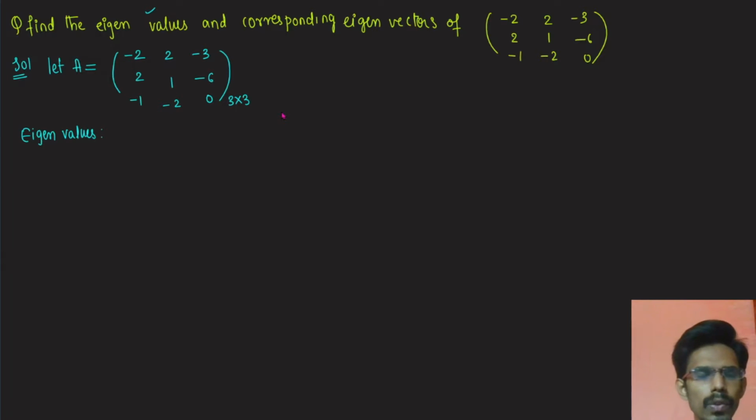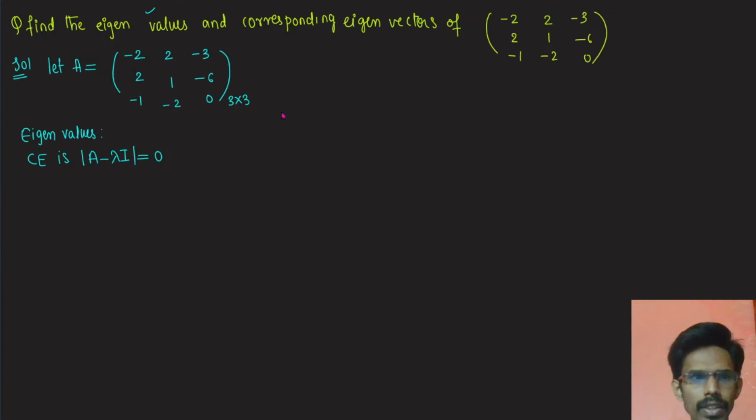For eigenvalues, we want the characteristic equation. So the characteristic equation CE of matrix A is the determinant of A minus lambda I equal to 0.